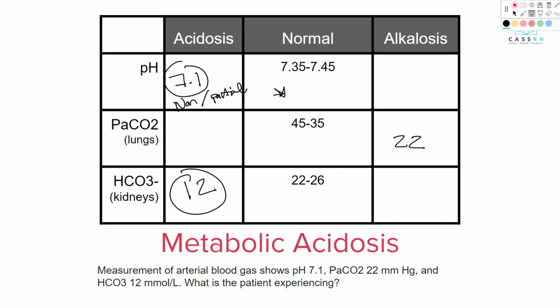Now, the way that we know that it's a partial is because the opposite body system from where this lands right here is trying to compensate, and it's completely on the other end of the spectrum at a 22. So we know that this is a partial compensation in that the lungs are trying to compensate, but they have not been able to bring this pH back over into the normal range.